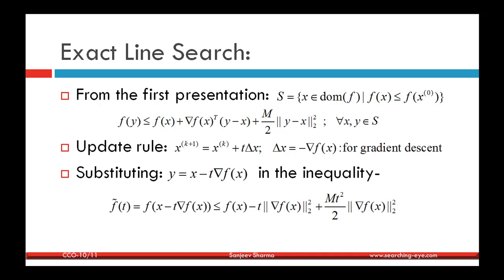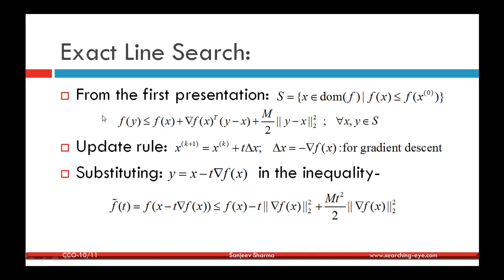Substituting y equal to x minus t times the gradient of f in this inequality gives us the function f tilde of t, which is f of x minus t del f of x.